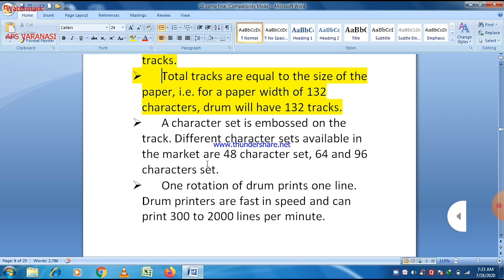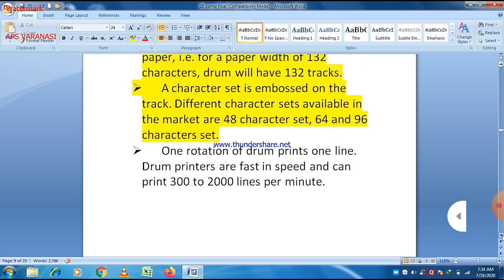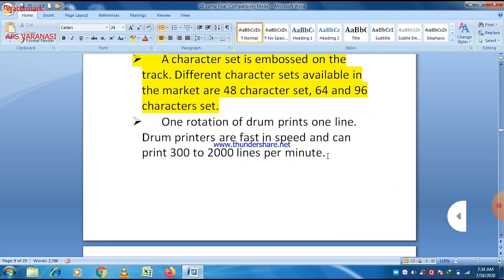The fourth point is that one rotation of the drum prints one line, and drum printers are fast in speed and can print 300 to 1000 lines per minute. That is very important.